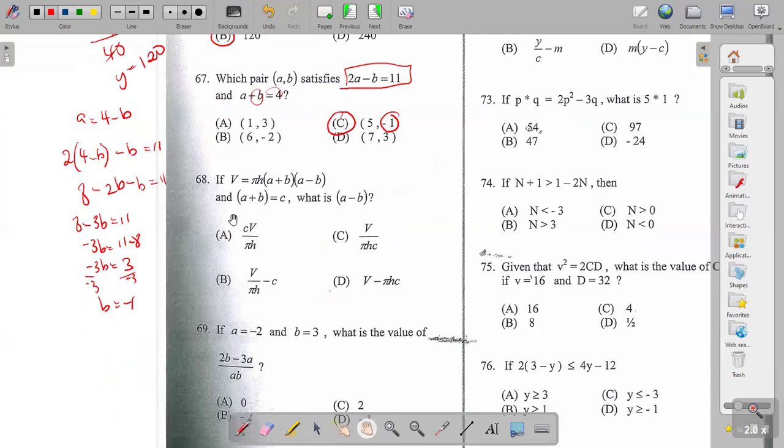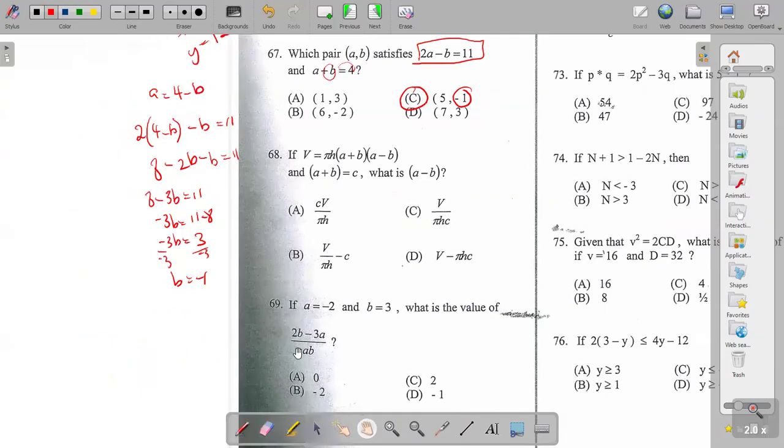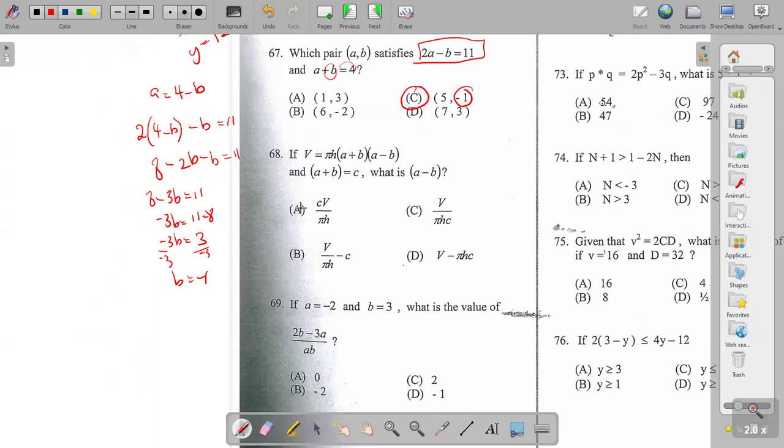All right. If A plus B is equal to C, what is A minus B? Again, another substitution complex concept. So you have V is equal to pi H times A plus B times A minus B. If you look at your answer, it does not have anything to do with A and B, so you're trying to get rid of that, right? So if A plus B is C, we know A plus B here.